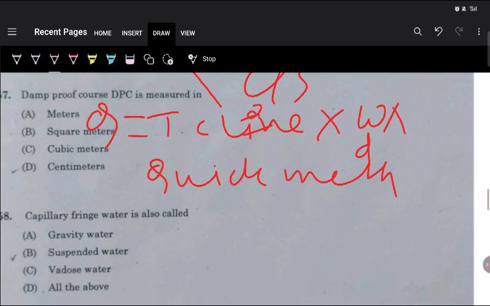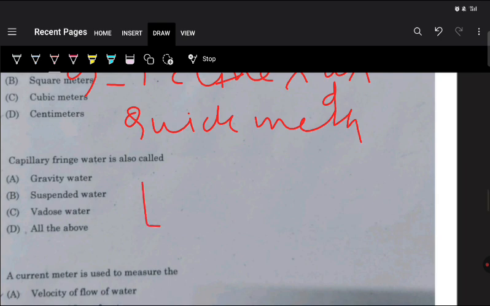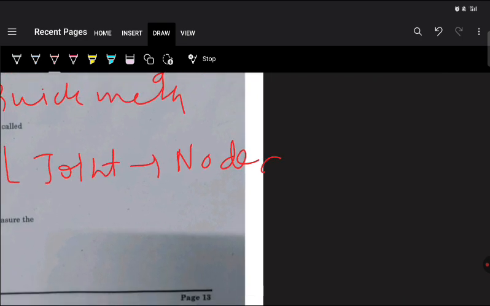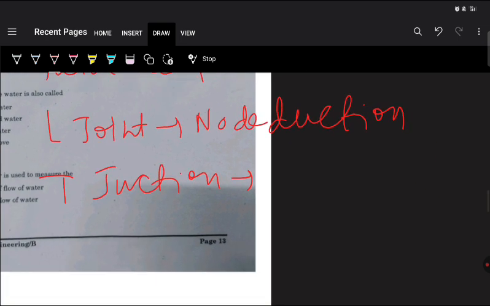Here, when there is a junction, some deduction is required. If there is an L junction, an L joint, no deduction is made. If there is a T junction, W/2 is deducted.